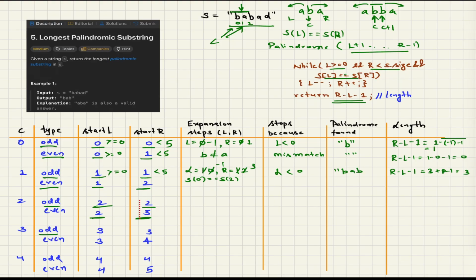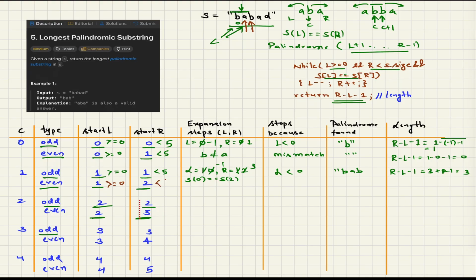Now we are going to check for the even case. So here I am assuming, let's say, what if this C was an even palindrome. Again the same thing, my C is equal to 1 and C plus 1 is equal to 2. Is this greater than or equal to 0?